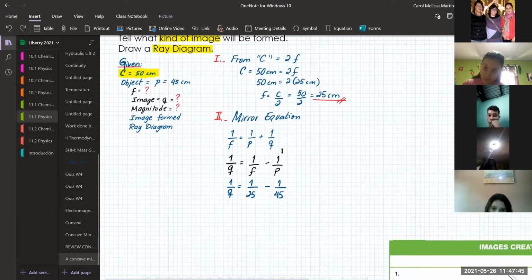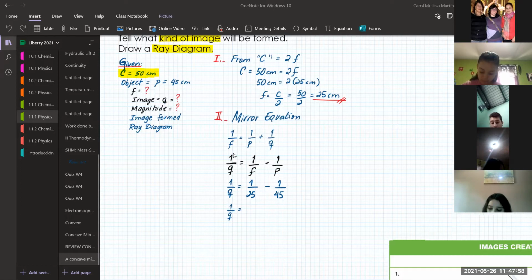How much is 1 over 25 minus 1 over 45? In your calculator, just do the subtraction in the fraction way. So it will be 1 over 25 minus 1 over 45.